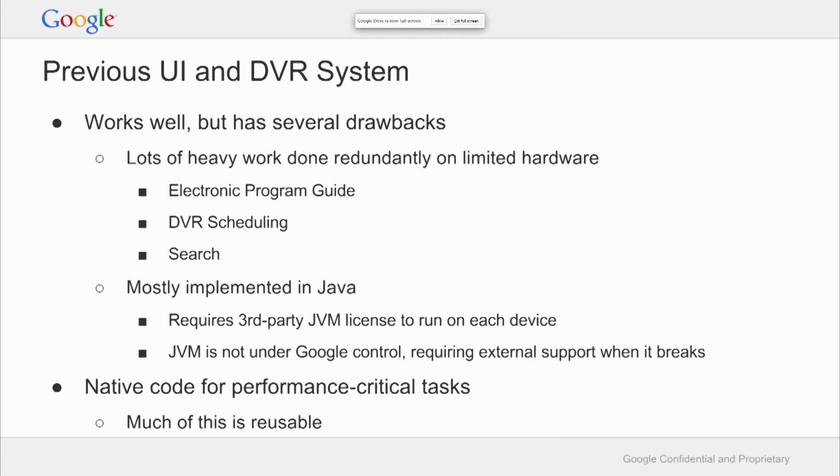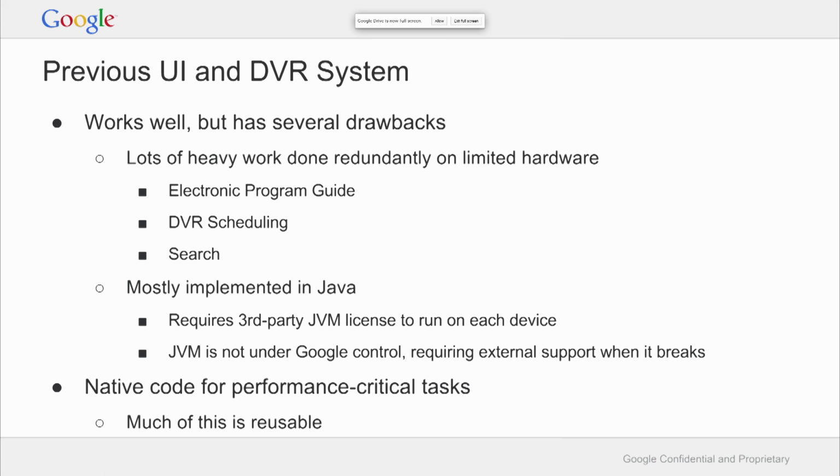We had a previous UI and DVR system. It works well. It's serving thousands of customers as we speak, but there are several things that are not done right, which is a very subjective thing, but it's not done the way that Google usually does things. For example, lots of heavy work is done redundantly on these little limited embedded devices.